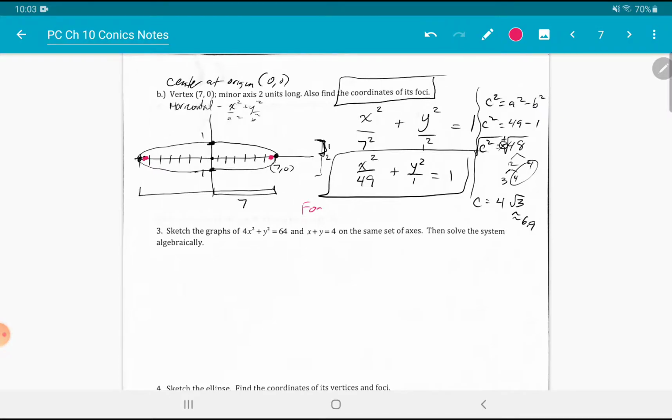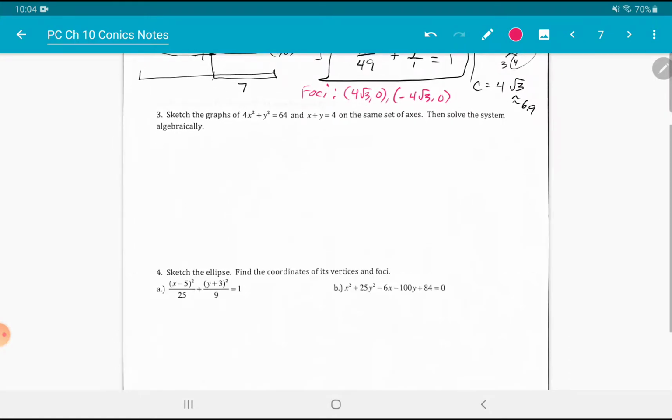So the foci would be using the ordered pair (4 square root 3, 0). Notice how we are very specific in our ordered pairs. It's not just a decimal value that's rounded. And our other focus is going to be at (-4 root 3, 0), because it goes on the other side as well.